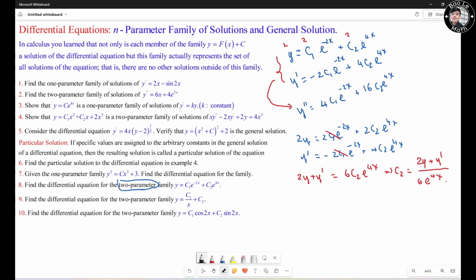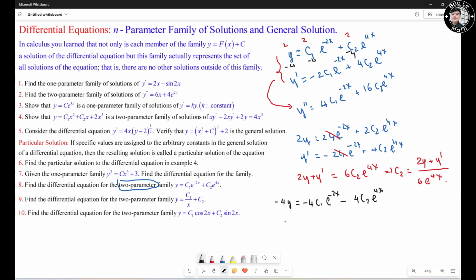Alright, next one. I need to eliminate c2, so I need to multiply the first equation, both sides, by negative 4. So I have negative 4y equals negative 4 c1 e to the negative 2x minus 4 c2 e to the 4x.